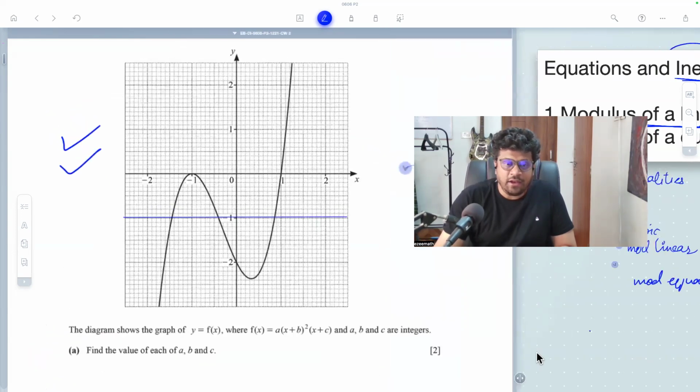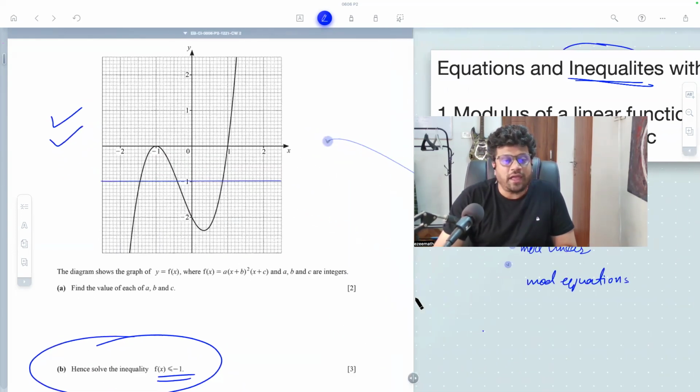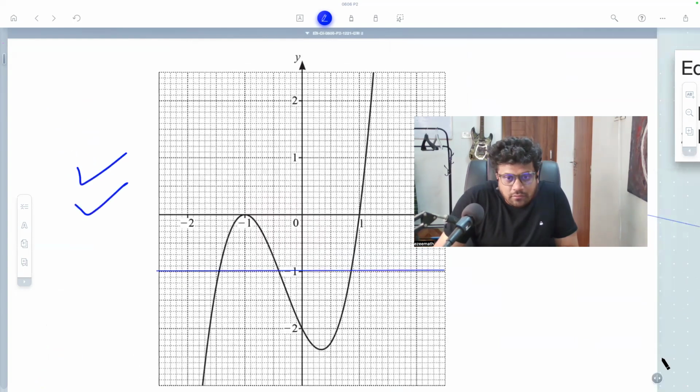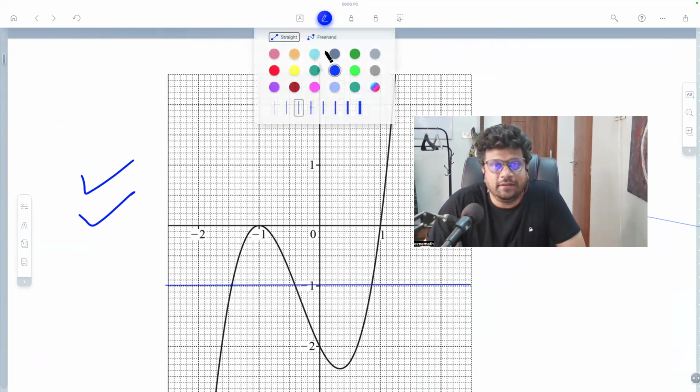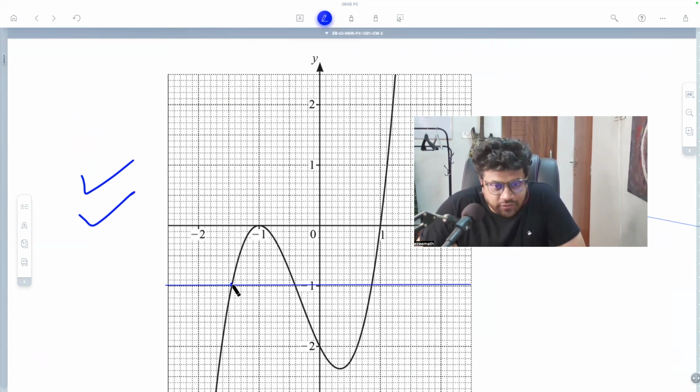Okay, and then you are going to look at the coordinates, especially the x ones. So for this one, it's about negative 1.45.